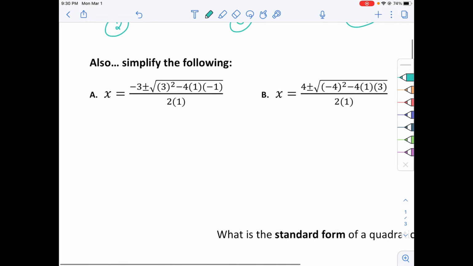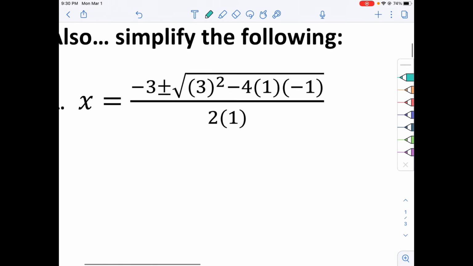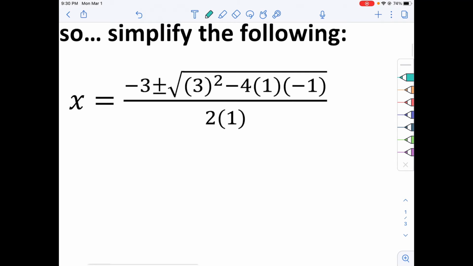All right. So let's simplify the following. This is x equals negative 3 plus or minus the square root of, and then this is 3 squared. When we're simplifying this, we can't do anything with the negative 3. The plus or minus symbol is also going to stay. We can simplify 3 squared, that becomes 9.